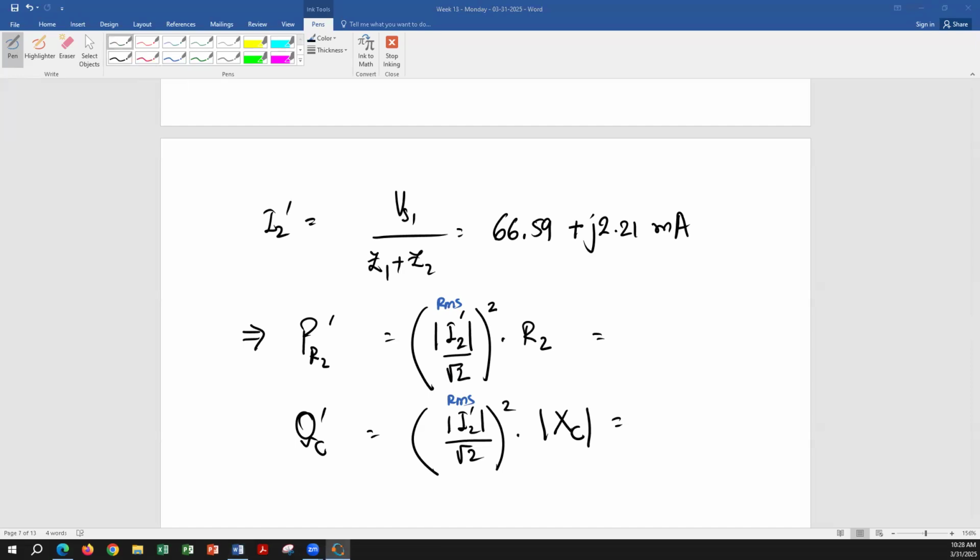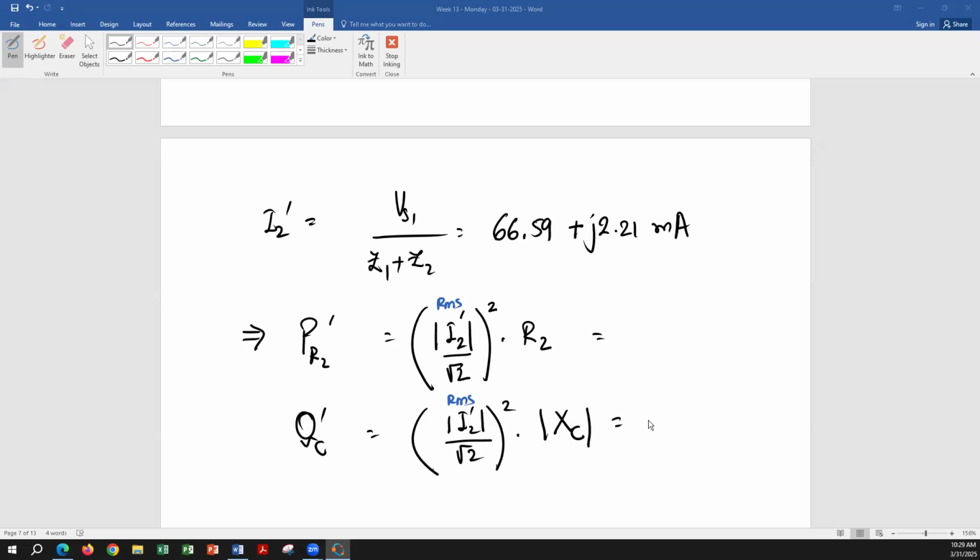So let's go ahead and calculate that. PR2 prime is equal to the absolute value of I2 prime, divided by, I'm just going to divide it by 2, so the absolute value of I2 prime squared times R2 divided by 2.